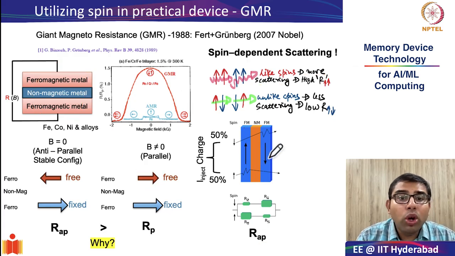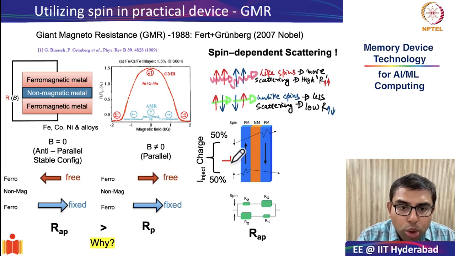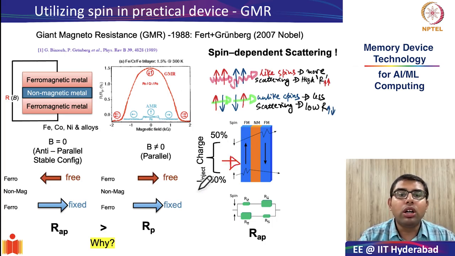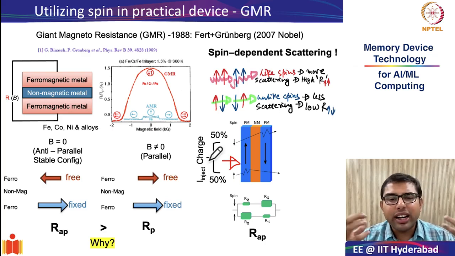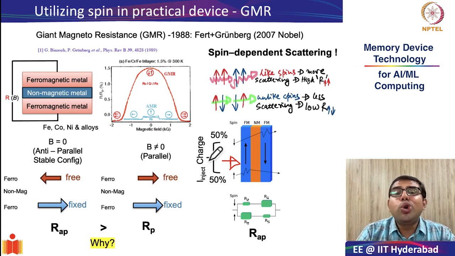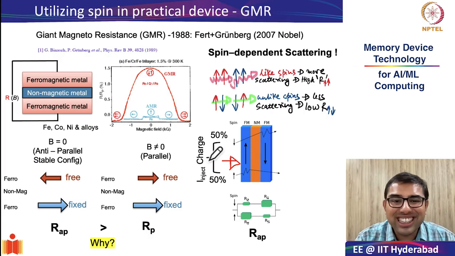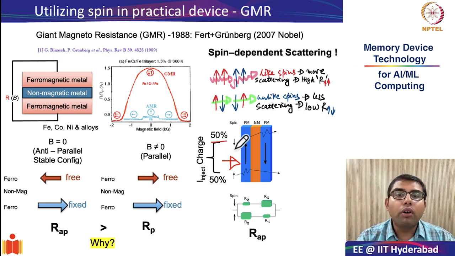Now what do we do? To measure any resistance, we inject through this system something called the charge current. What is a charge current? A charge current is a current where there is no preferential spin orientation. So 50% of the electrons will have downspin, whereas the other 50% will have upspin.